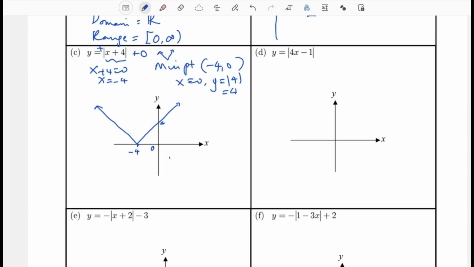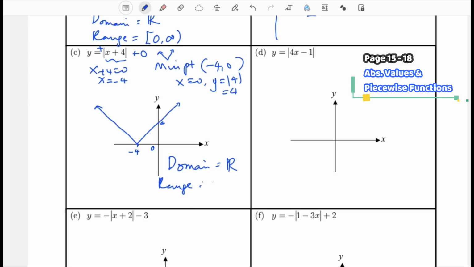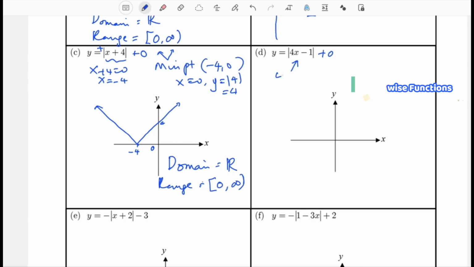Okay, so the domain will be real numbers, the range, again from the smallest, will be 0 to infinity. Right, for D, behind here plus 0 again. So for x minus 1, 0, x equals 1/4. So we have the minimum point to be (1/4, 0).